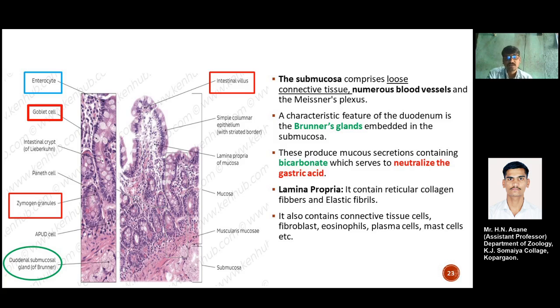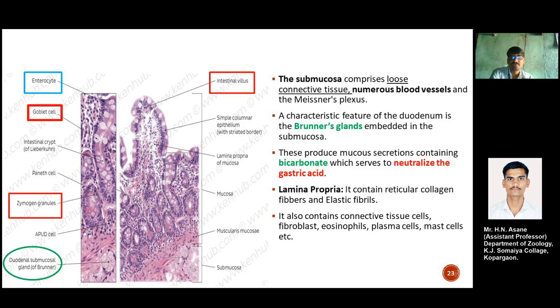That neutralization is necessary for the better absorption of the food, and that is carried out by means of the Brunner's gland. That's why it has more importance in the duodenum. So the mucus produced by the Brunner's gland neutralizes the gastric acid.